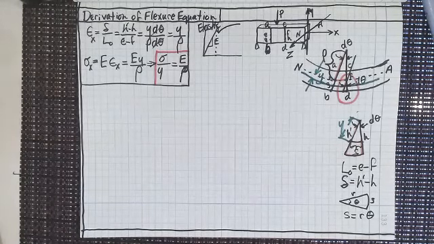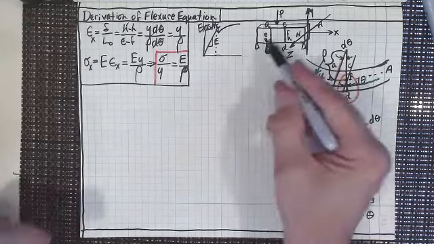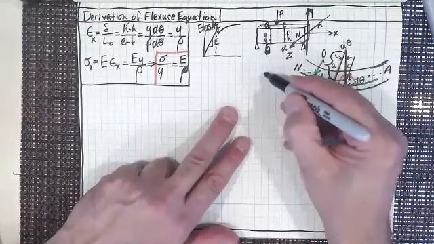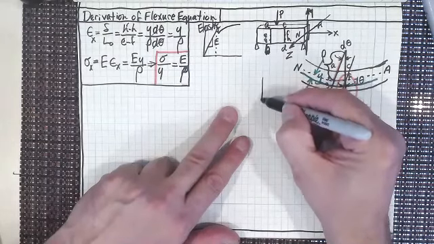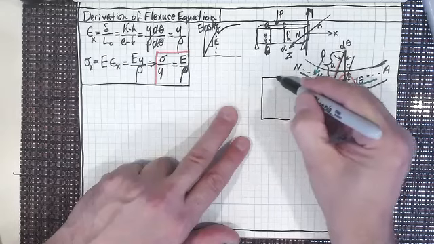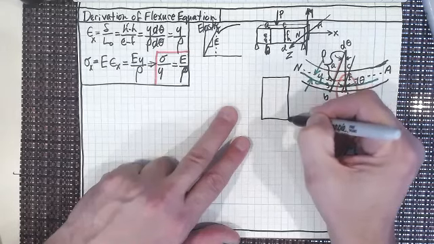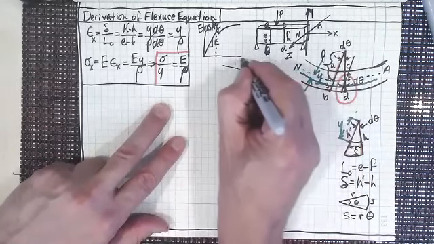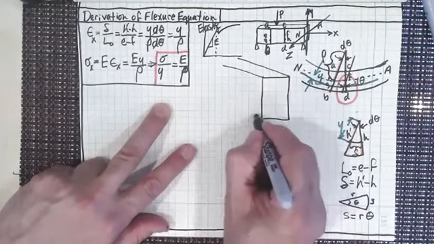So anyway, now we've looked at this in this way, but now what I want to do is look at the beam end on. I want to look at it like this, right? Let's say that I'm looking at the end of the beam.